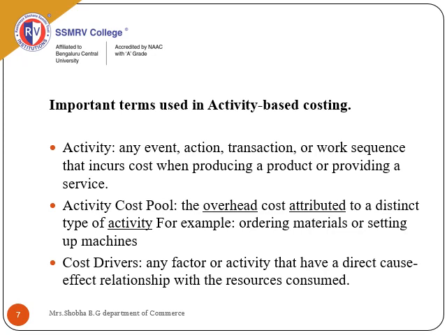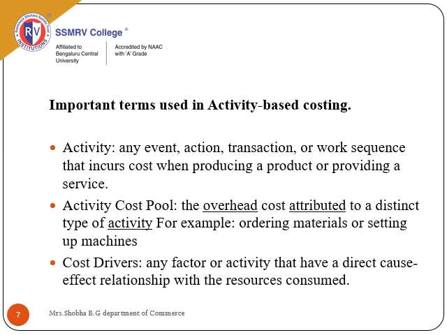Here some examples are given for producing a product, that is ordering a material or setting up of machines. To give some other examples, supervising is an activity, purchasing of raw material is an activity, quality control is an activity. So these activities we call cost pools under the ABC.